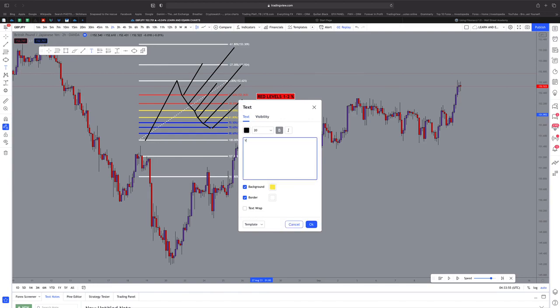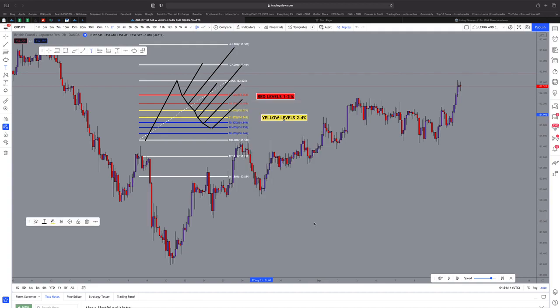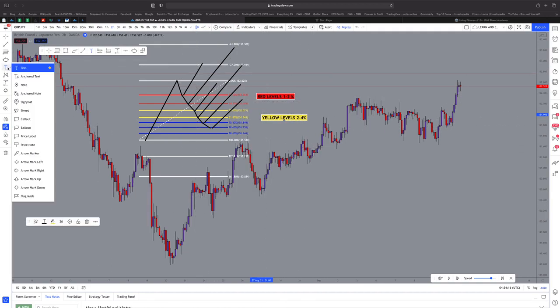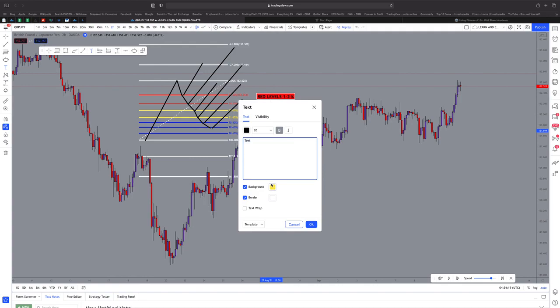And yellow levels, you want to risk anywhere from 2 to 4%. Right? Last but not least, these blue levels, which we've got right down here. Blue levels, you want to risk anywhere from 5% and higher.